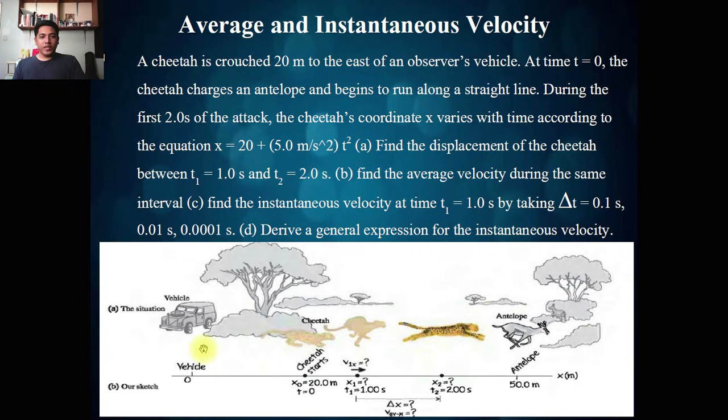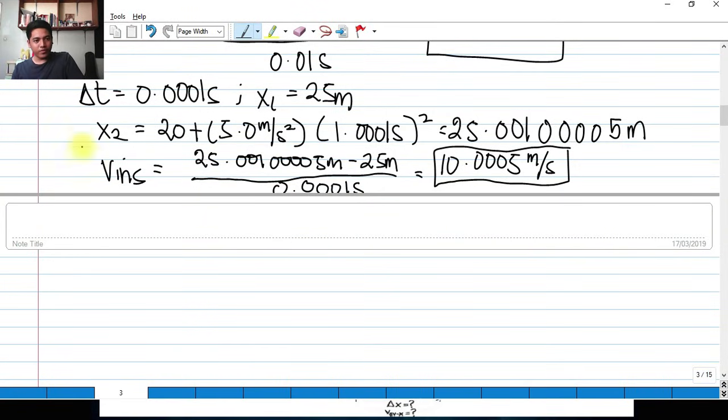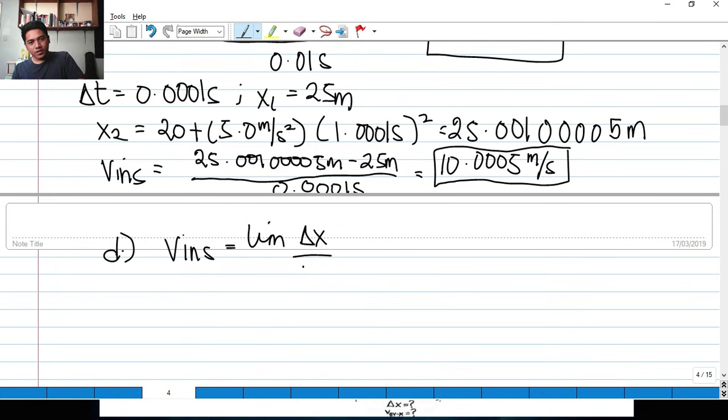The letter D, derive a general expression for the instantaneous velocity. So instantaneous velocity, V ins, is again the limit of delta x over delta t as delta t approaches 0, or in other words, dx over dt.